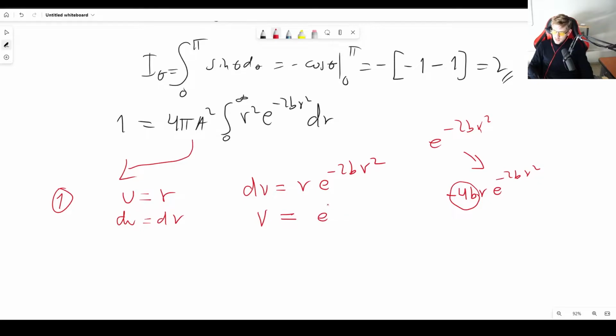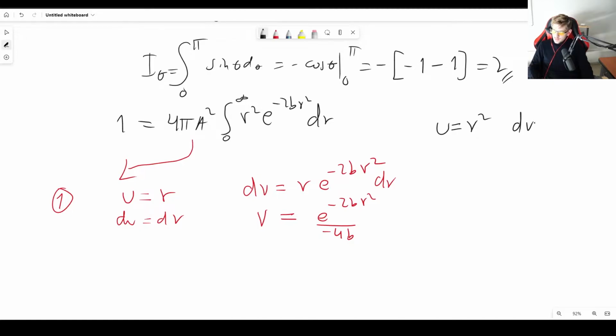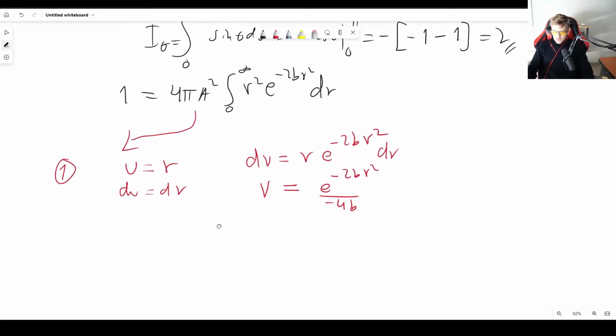So we get v equal to e to the minus 2b r squared over minus 4b. So this was quite an easy way of doing it. Trying to use u equal r squared and dv equal e to the minus 2b r squared dr doesn't lead you down a good path. You can try it, but you're going to see it isn't really that good.